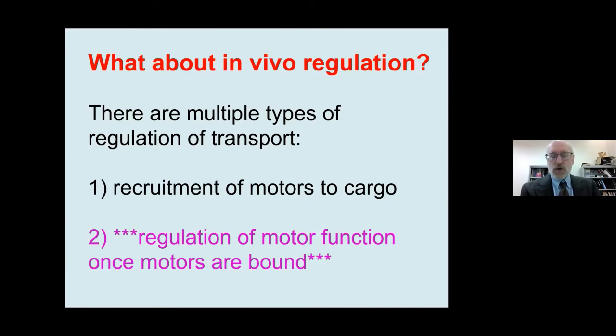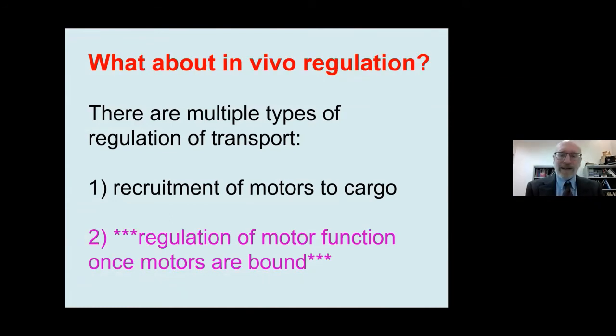Simply, you would control it by recruiting or releasing motors from the cargo. And Vaishnavi is going to talk some about recruitment of motors and how that can be used to regulate transport. Certainly it does happen.